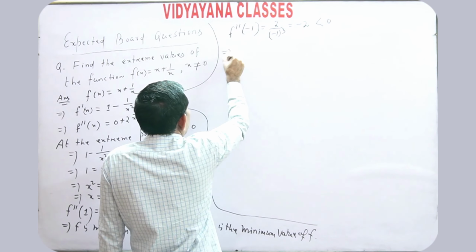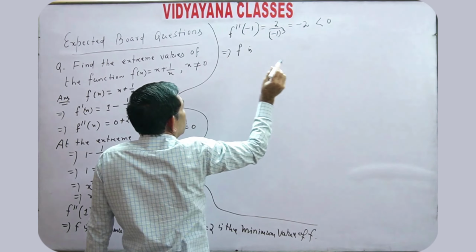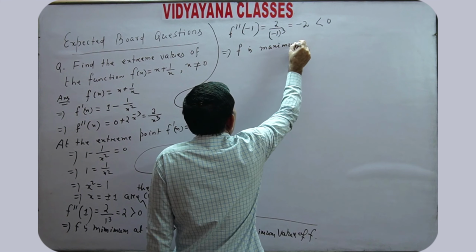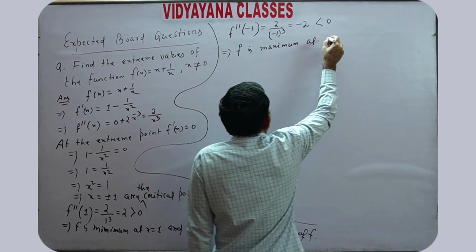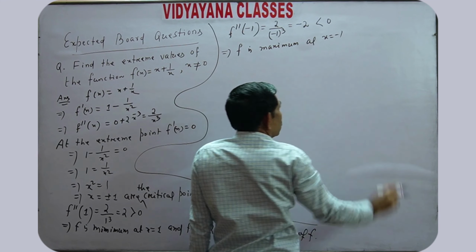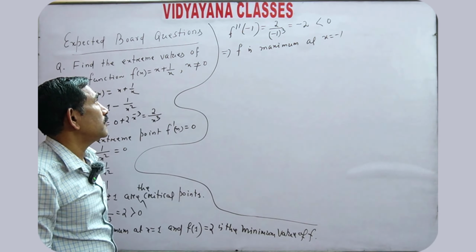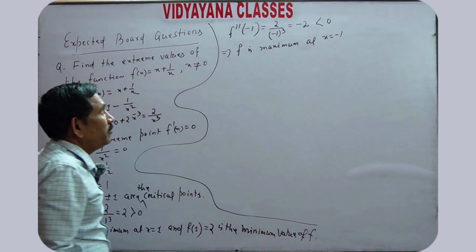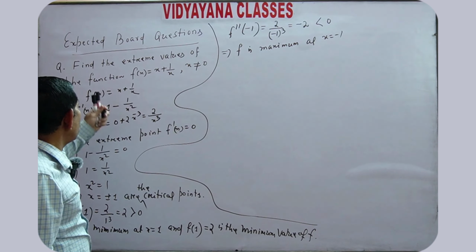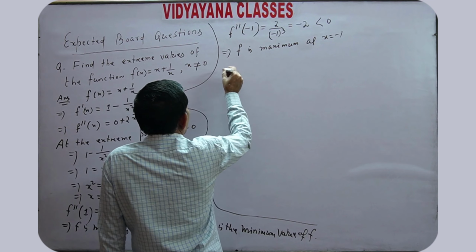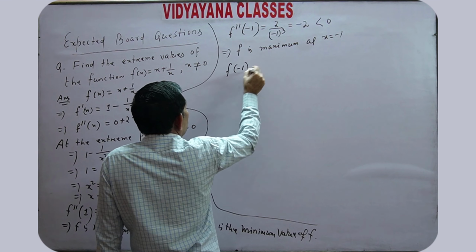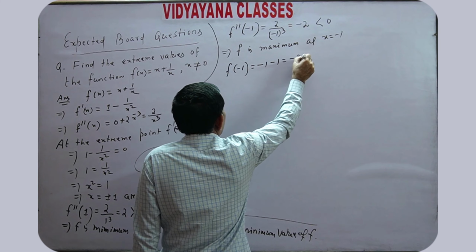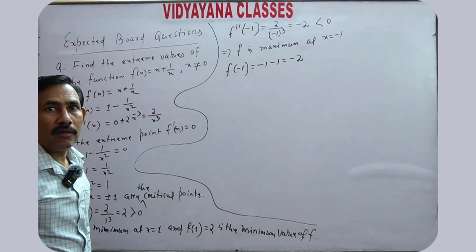Implies f is maximum at x equal to minus 1. Clear? The maximum value will be obtained from the function. f(minus 1) is equal to minus 1 minus 1, that is equal to minus 2. Clear?